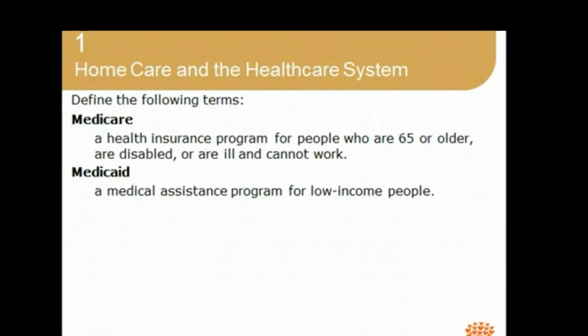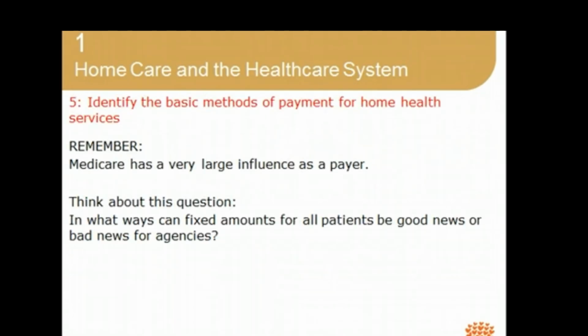So Medicare is a large program, a large payer, and becoming very important, especially as we've got more and more people in that age group that are living longer and have more complicated conditions. Medicaid is an assistance program for low income and children. So children make up a lot of the Medicaid programs that are out there. So try to have those in mind as you're studying.